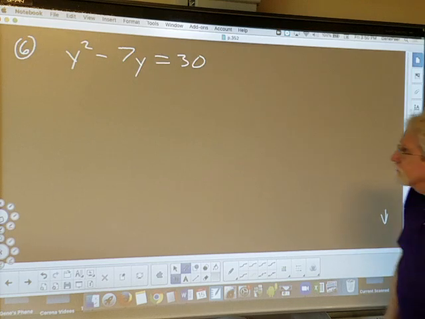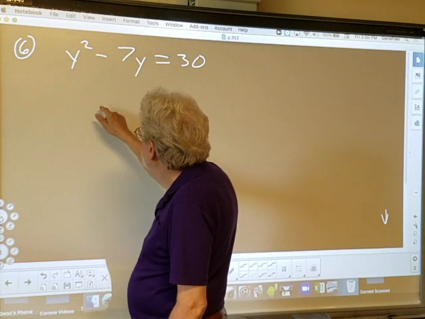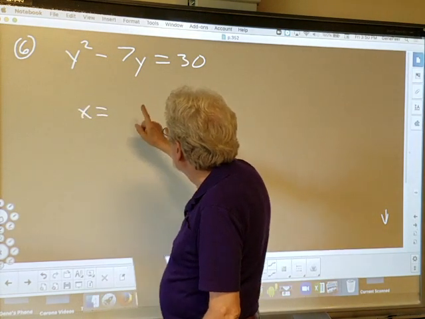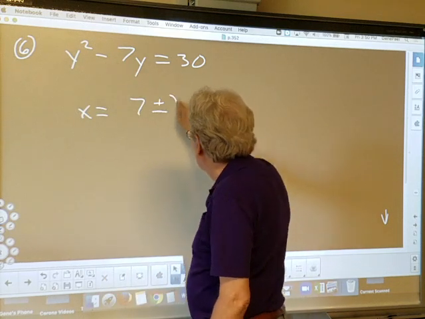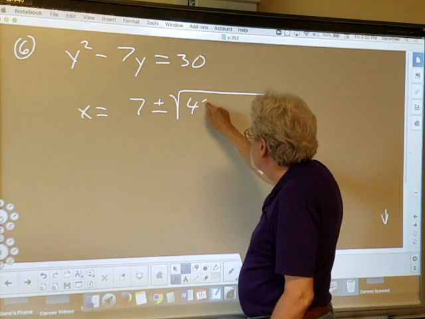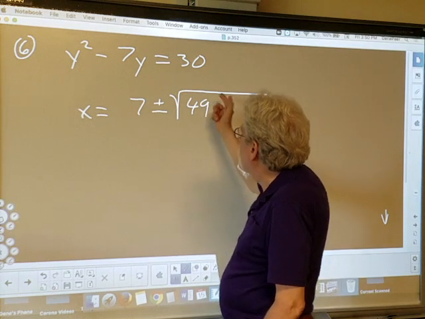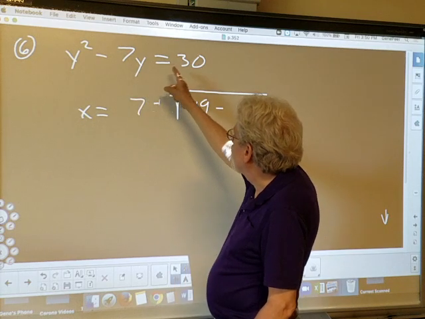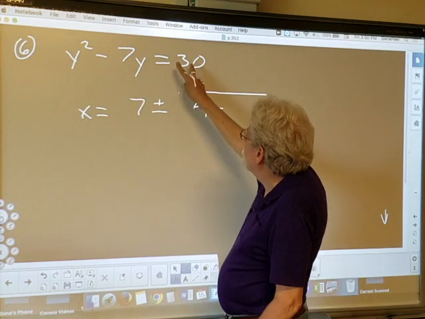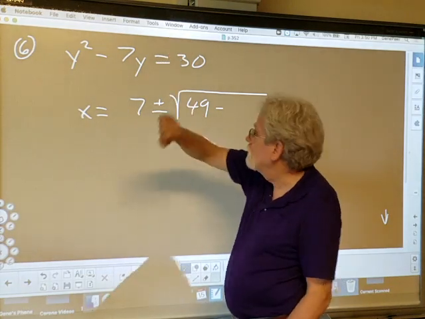Number 6, x equals the inverse of b. That'll be a positive 7 plus or minus the square root of b squared minus 4 times, now that I'm looking for my c value, I realize, whoa, it's on the wrong side. We need to move that 30 to the other side. May I use my eraser to do so?